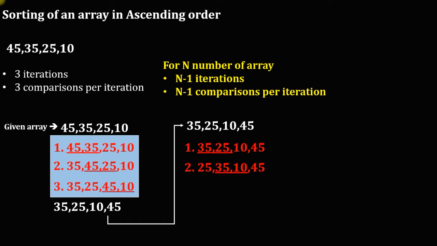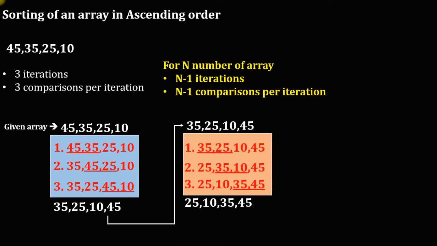Now compare the second and third terms, do swapping, and then the third and fourth terms. We need not swap these two terms, since 35 and 45 are already in ascending order. So the result of the second iteration will be 25, 10, 35 and 45.